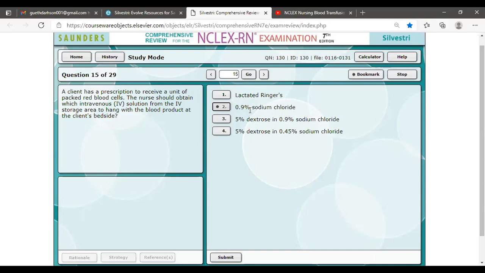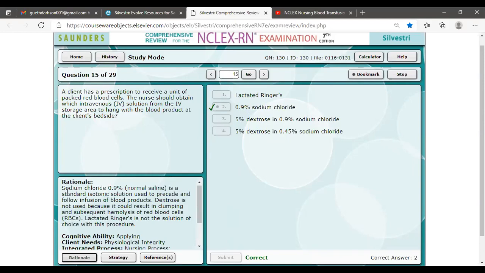If you ask me what are the other uses of normal saline or isotonic solution, the answer is dehydration or shock. In shock, blood pressure goes down and we give them isotonic solution. Fluid or volume deficit, we give them isotonic solution. And accompanying blood administration, always isotonic or normal saline solution.